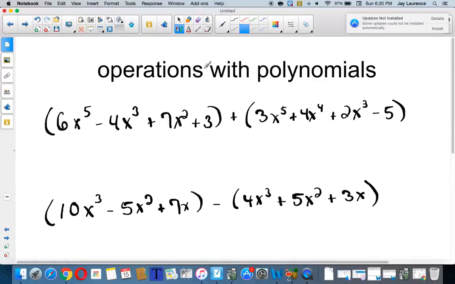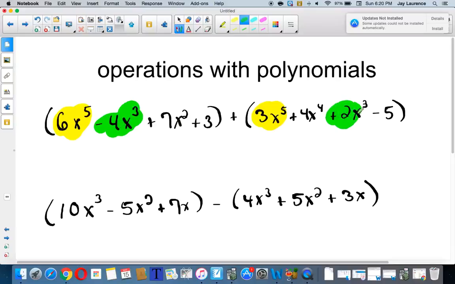All right, we had operations with polynomials, and sometimes we added them. And remember, I suggested that you do some kind of system to highlight. For example, I'm going to make my x to the 5ths yellow, right? Okay. I'll make my x cubes green. And notice I grabbed the sign.